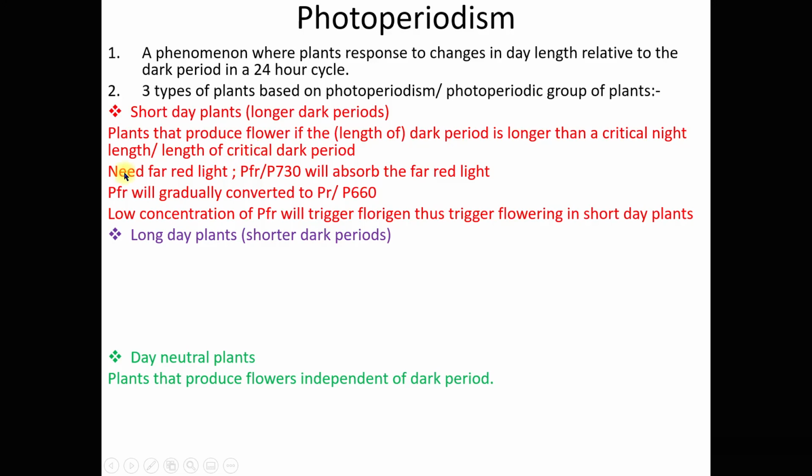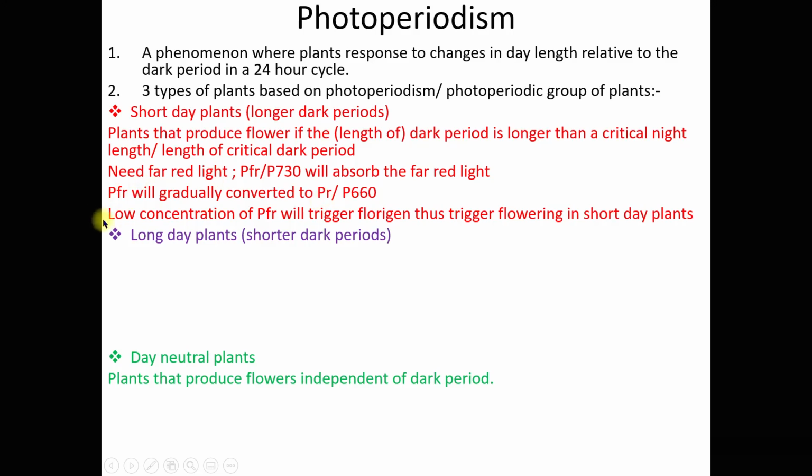When PFR absorbs far red light, it will gradually convert to PR. We have a low concentration of PFR, because most of the PFR has absorbed the far red light and converted to PR. So now we have a low concentration of PFR as well as a high concentration of PR.